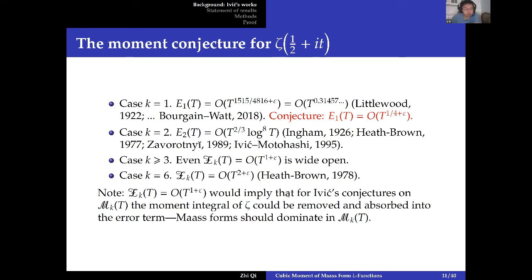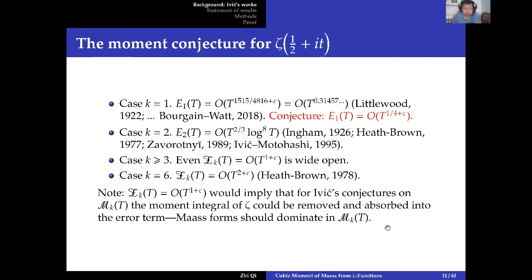And one thing you should know is that if you have this upper bound, then the integral moment of the Riemann zeta function can actually be absorbed into the error term. So in this sense, the Maass form should actually dominate in this moment. So you can absorb this 2k-th moment of the Riemann zeta into the error term, if you assume this upper bound. Okay.